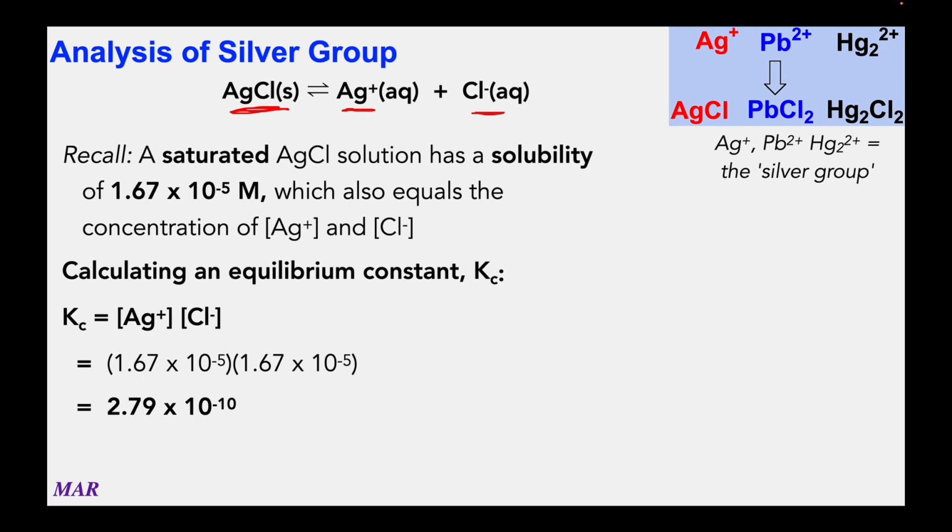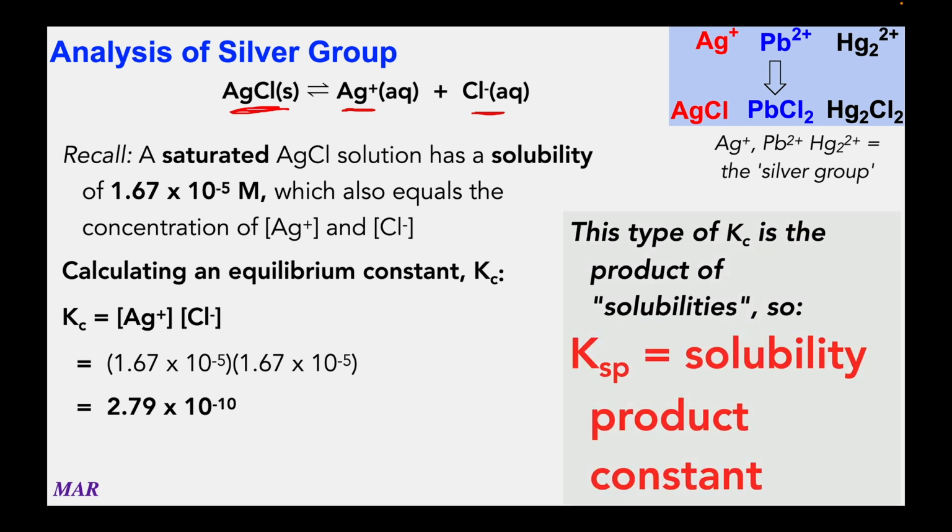So remembering that solids and liquids never go in the equilibrium expressions, the K value would be the silver plus concentration times the chloride concentration divided by 1. Don't include the solids and liquids. And the silver plus and chloride are both equal to 1.67 times 10 to the minus 5. So it's like solubility squared, 1.67 times 10 to the minus 5 times 1.67 times 10 to the minus 5, which comes out to be 2.79 times 10 to the minus 10.